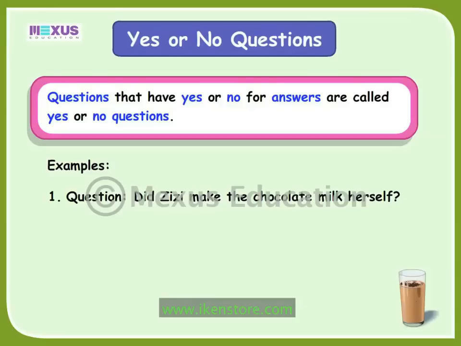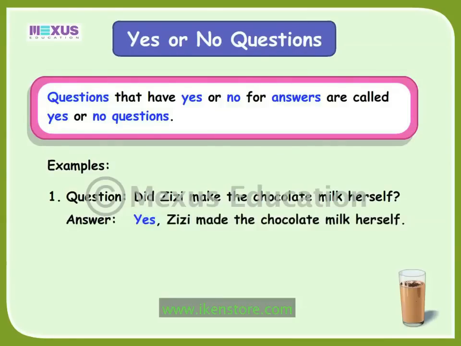This question can be answered by using the word yes at the beginning of the sentence and replacing the question mark with a full stop to form the statement, yes, Zizi made the chocolate milk herself. The form of the verb make changes to made.